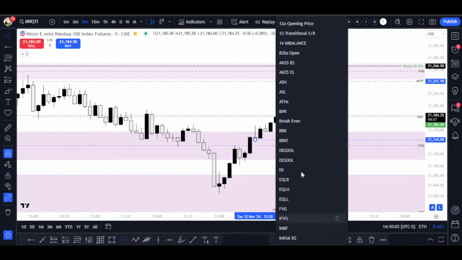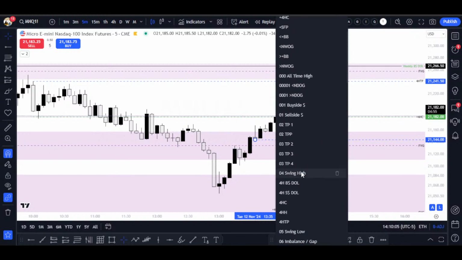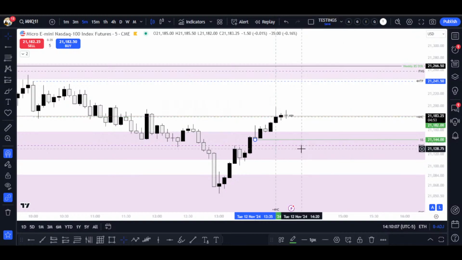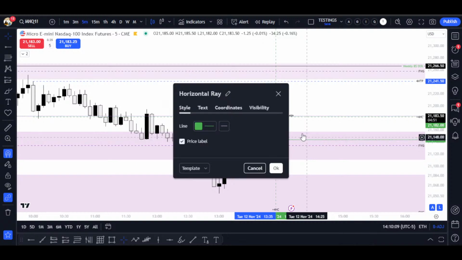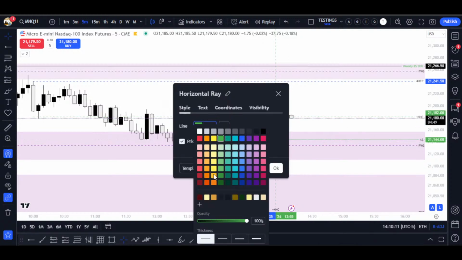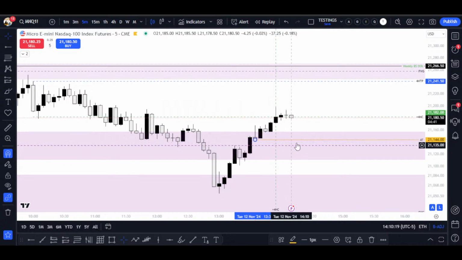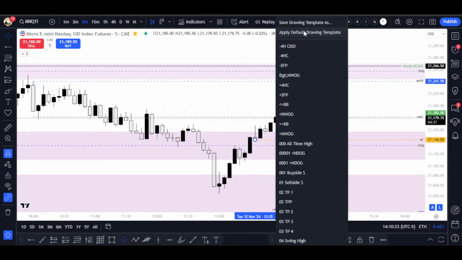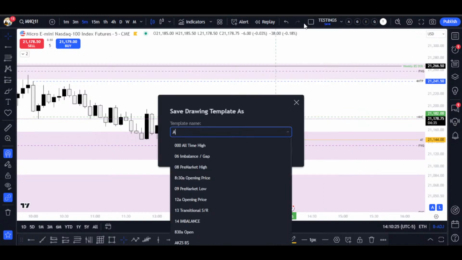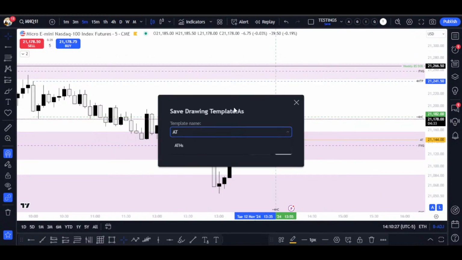I don't have algo target. So let's just do sell side liquidity. I'm gonna do this, and I'm just gonna put that in as AT for algo target, and I'll just save this to T.